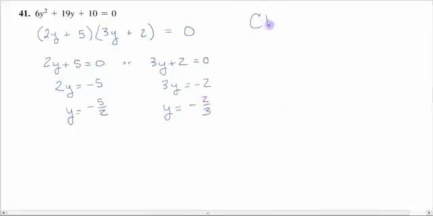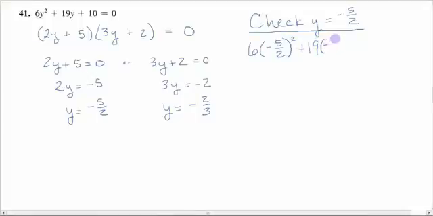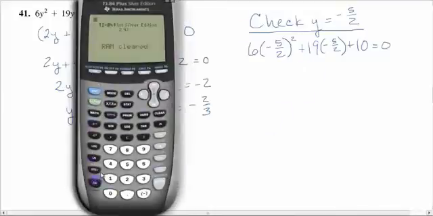Okay, let's check both of those solutions. We're going to check y equals negative 5/2 right here. And remember, put it into the very original problem. 6 times negative 5/2 squared plus 19 times negative 5/2 plus 10 equals 0. And if you'd like, you can use your calculator on this to make it just a little quicker.